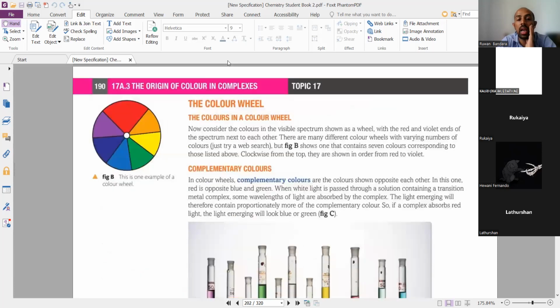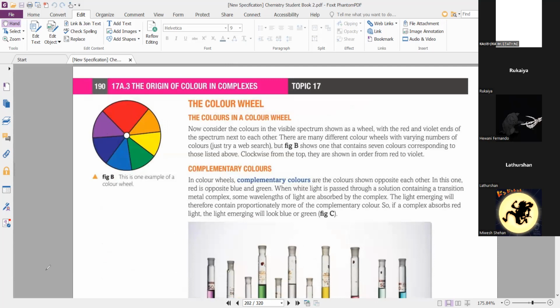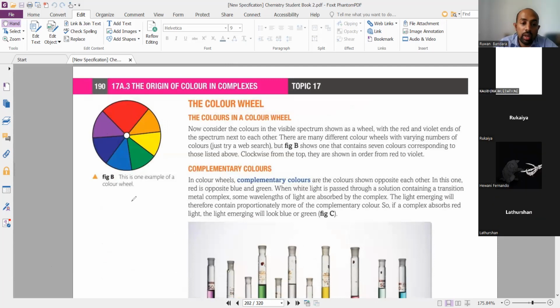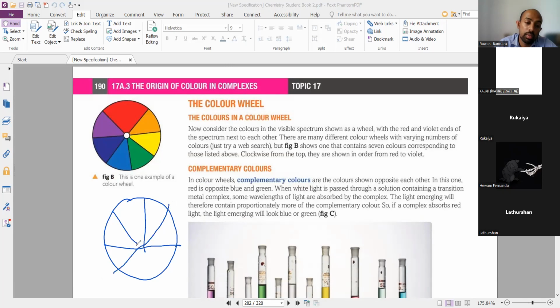And the next term, color wheel. This is the color wheel that you should know, right? In the exam, you won't be getting the color wheel. Therefore, you should find a method to work out the color wheel. So what I am doing is, I'm just splitting 1, 2, 3, 4 in this manner.